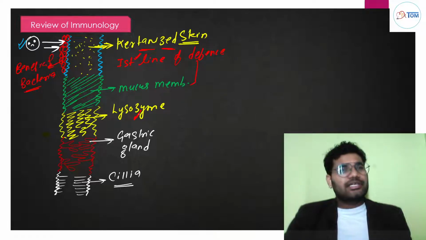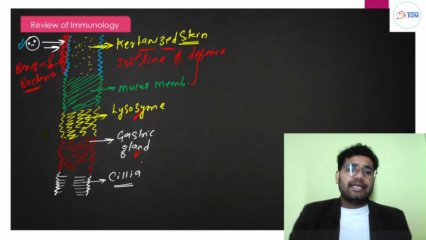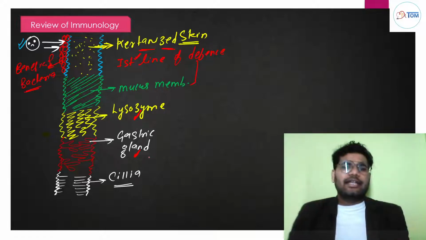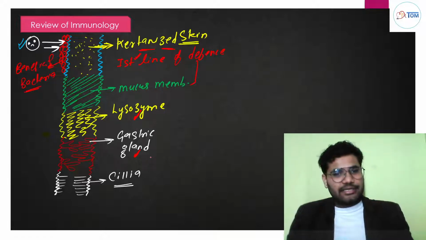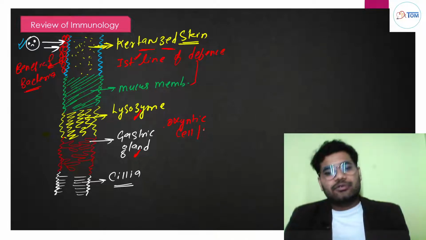Then come the body secretions such as lysozyme and gastric gland secretions. Gastric glands are present in the stomach and in the GIT region, and they make the acidic environment of the GIT. They have a variety of cells within the gastric gland. One of them is the oxyntic cell, which is also called the parietal cell.